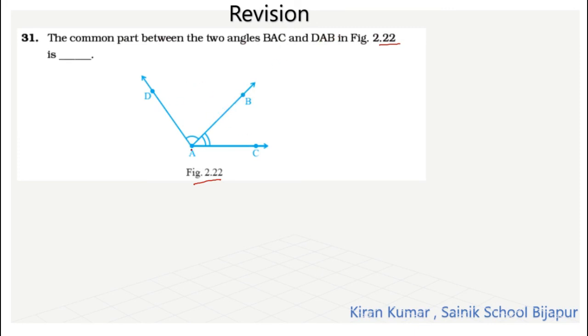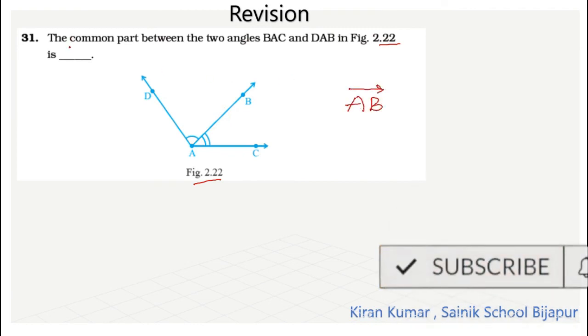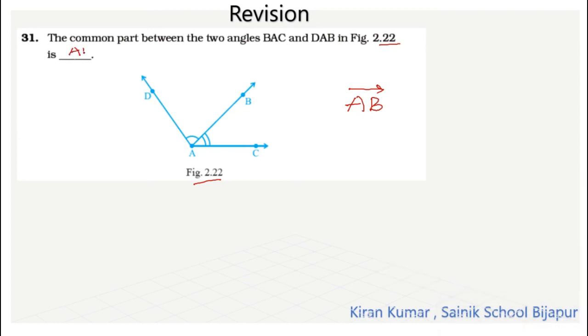Here there is ray AB common, so the common part present is ray AB. And such type of an angle where there are two non-common arms and one common arm is present, they are called as adjacent angles.